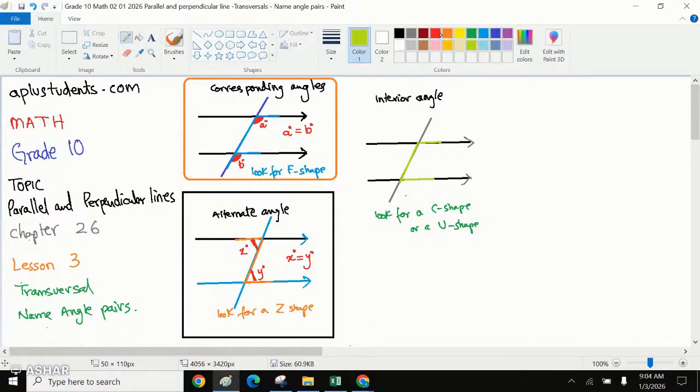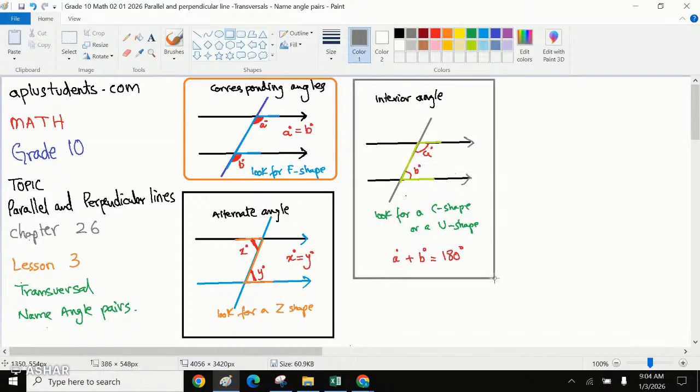In this case, if we mark the angles, if I say this angle was A and this angle was B, then the sum of the interior angles A plus B would always be equal to 180 degrees, right? Okay, so we need to remember this for the interior angles.